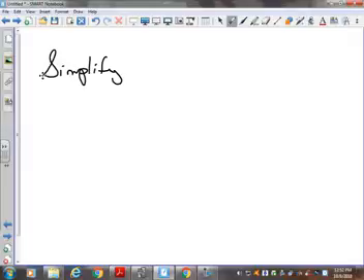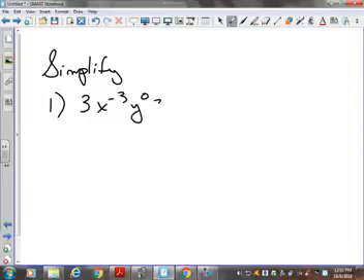Simplifying means that you're not going to get a number for the answer most of the time. Most of the time, there's still going to be some letters in there. Let's run through a few examples of some simplifying problems. This would be a very simple simplifying problem because it only has one big term.